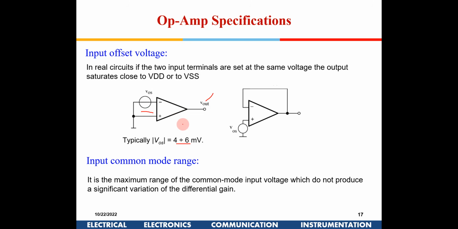So in the op-amp specification they will say it is around 4 to 6 millivolt, either plus or minus. That much voltage will have to be applied at the input side, so that if you are doing some precise instrumentation, you might want to give this kind of offset voltage so that the output is 0 out here.